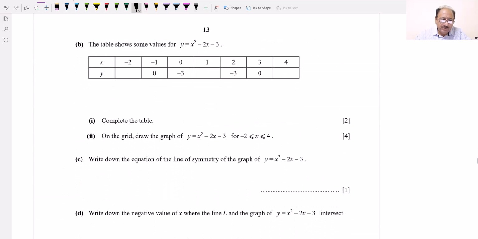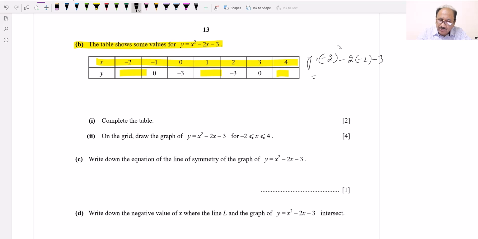Now the B part. This equation is provided and x values are given, and the 1, 2, and 3 values are blank, which we need to find. So we replace x is equal to -2. y is equal to (-2) square, minus 2 into -2, and -3.